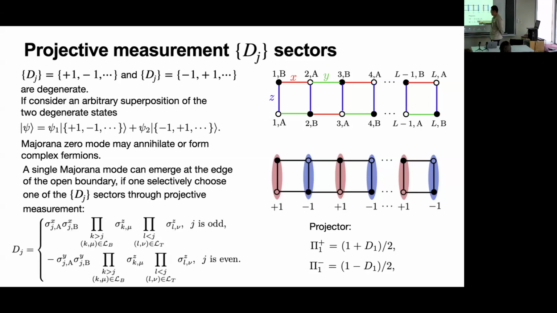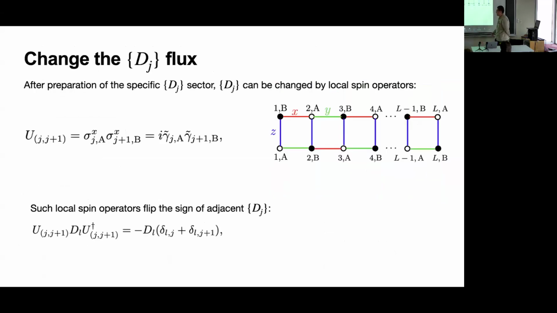And note that this DJ sector is not a highly non-local operator, as written here. So once the DJ flux is fixed, then one can possibly change the DJ flux. The operator that can change the DJ flux is a local spin operator, the XX operation on a Y bound.